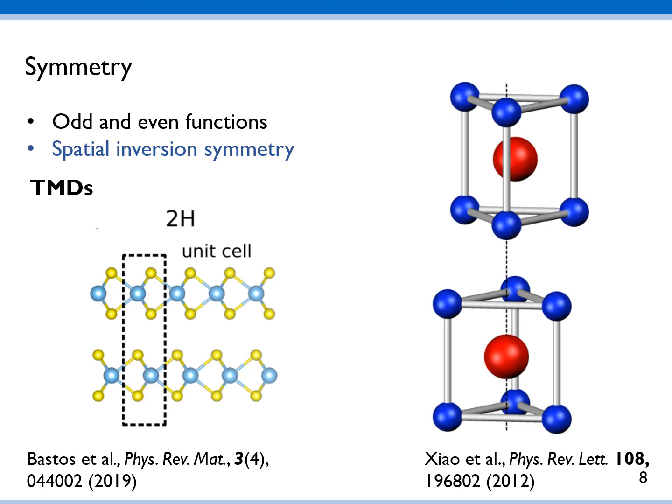The same is true for the atom on the other side. So while the bulk of molybdenum disulfide or similar compounds is inversion symmetric, the monolayer lacks this inversion symmetry. This is an important insight that we should keep in mind for the rest of the talk.